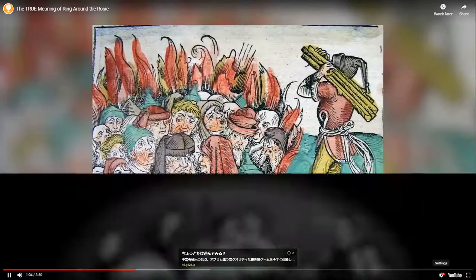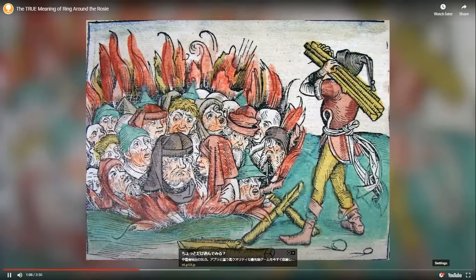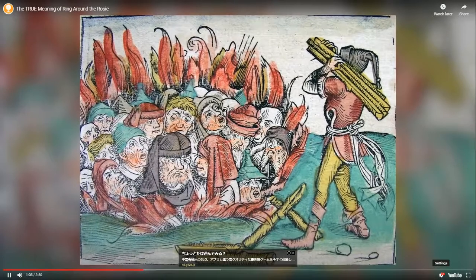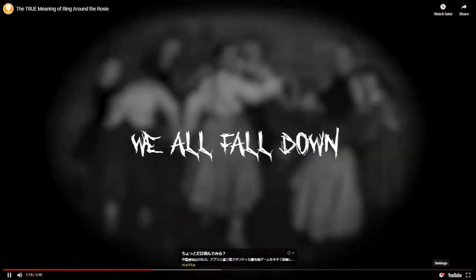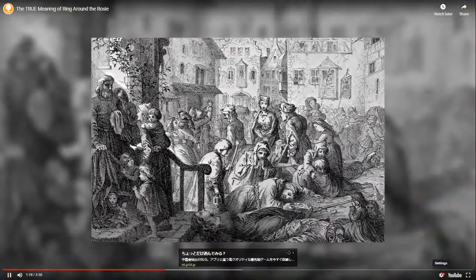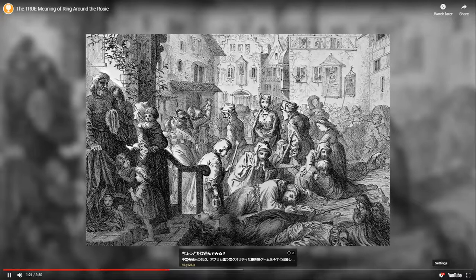Ashes, ashes. When someone died from the plague, their bodies were cremated and turned to, you guessed it, ashes. Which brings us finally to We All Fall Down. With over 50 million people dead from the Black Death, 1/3 of Europe's population did, in fact, fall down. So yeah, I'd say Ring Around the Rosie is pretty creepy.